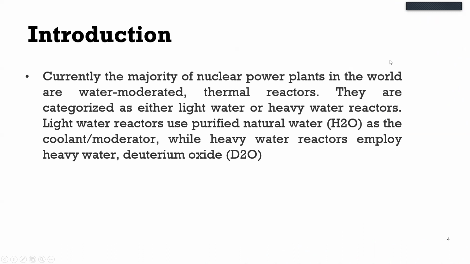They are categorized as either light water or heavy water reactors. Light water reactors use purified natural water as the coolant and moderator, while heavy water reactors employ heavy water, or deuterium oxide.